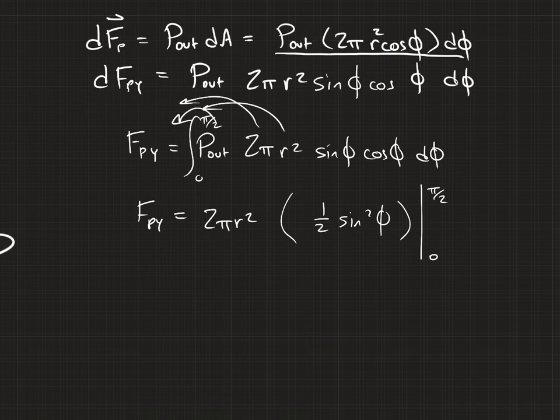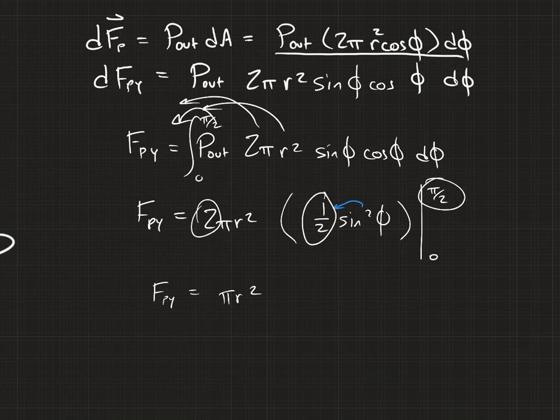That's kind of a cool result, because if you took the derivative here, the 2's would cancel, you get sine of phi, and then with the chain rule you get the cosine of phi. So anyway, FPy equals, we note that this 1/2 and this 2 cancel, so pi r squared times the sine squared of phi.